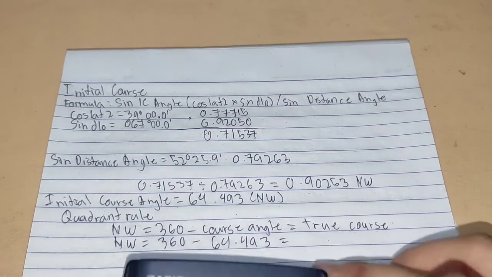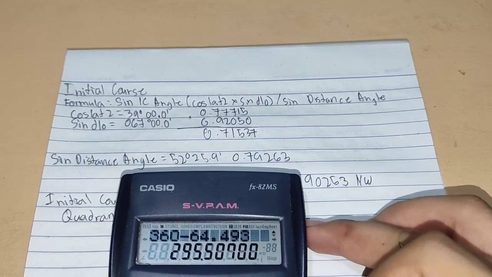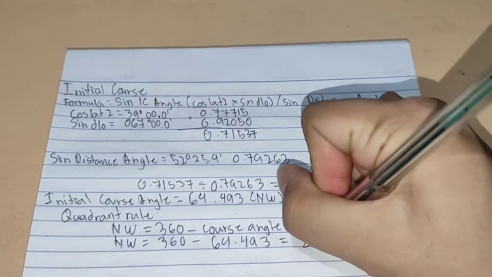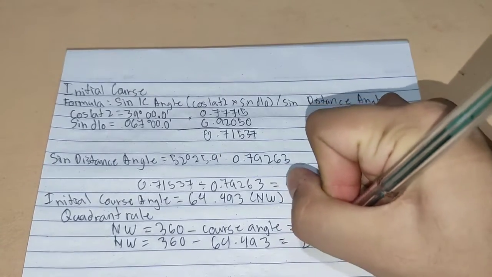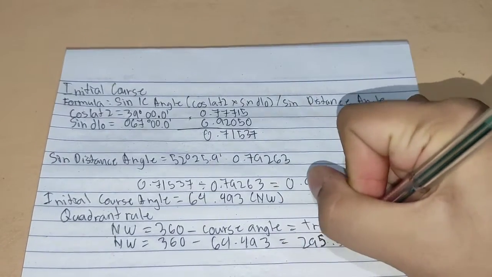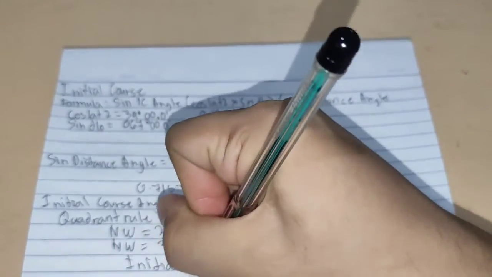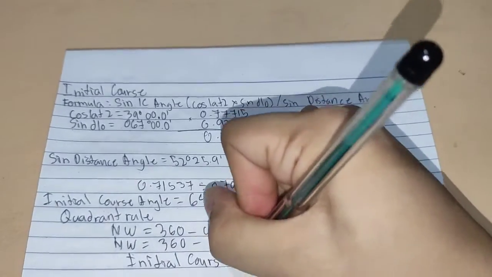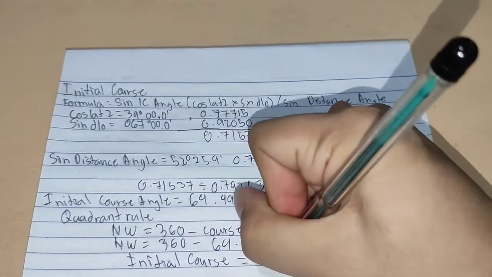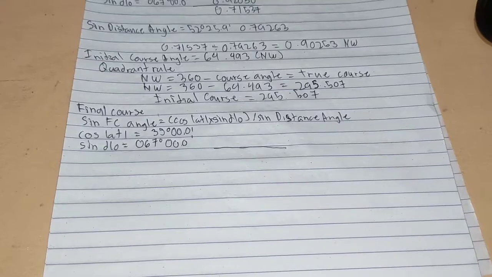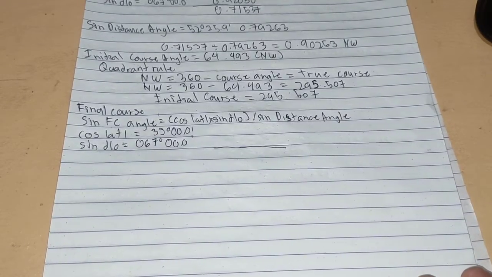So the answer is 295.507. So the initial course is 295.507.